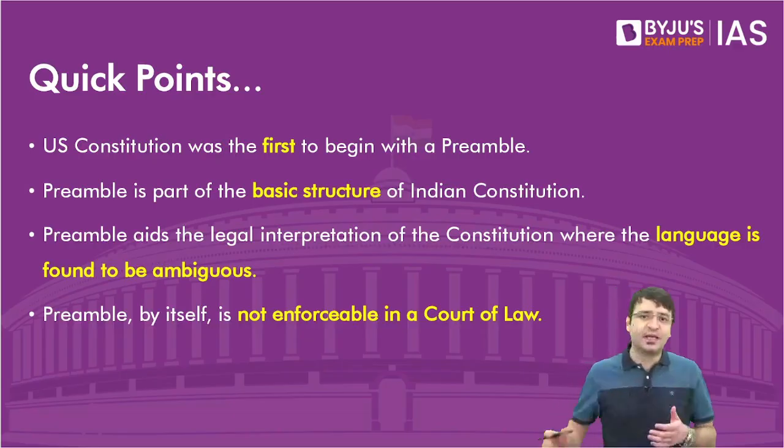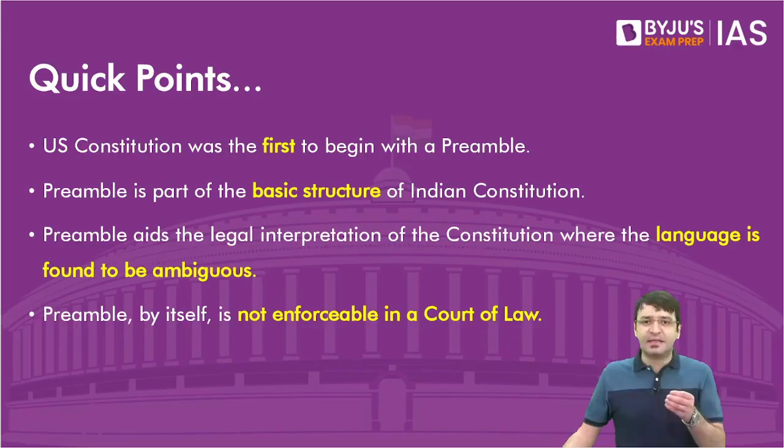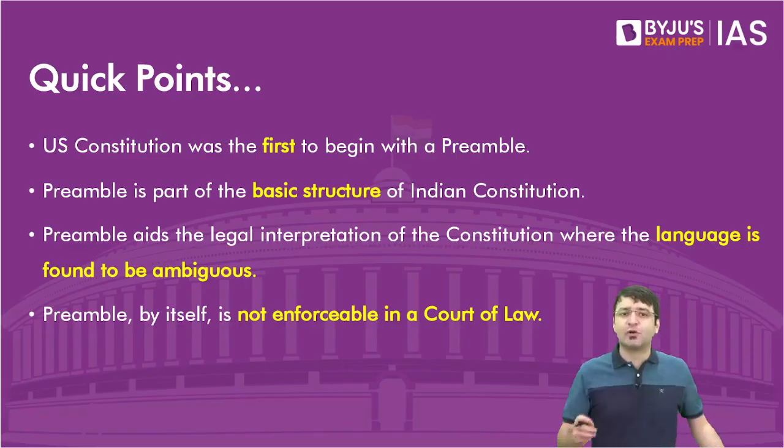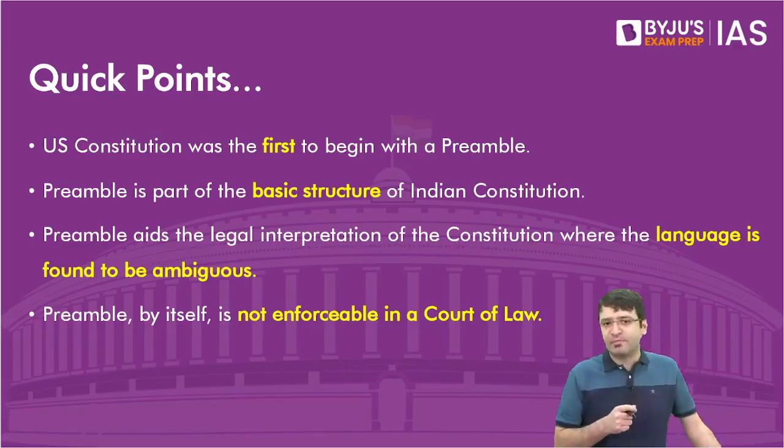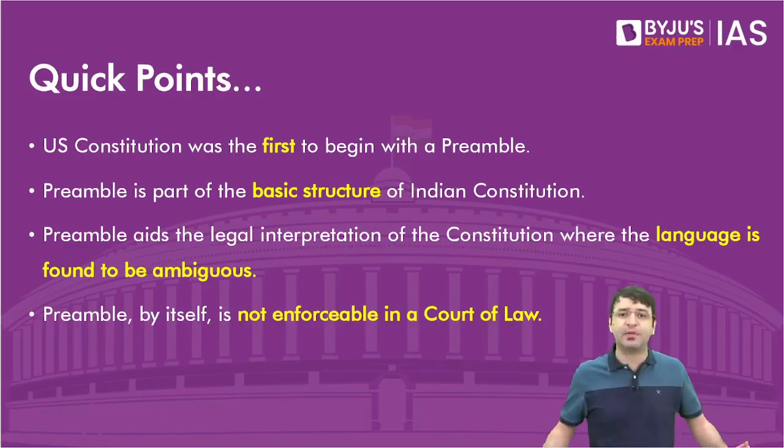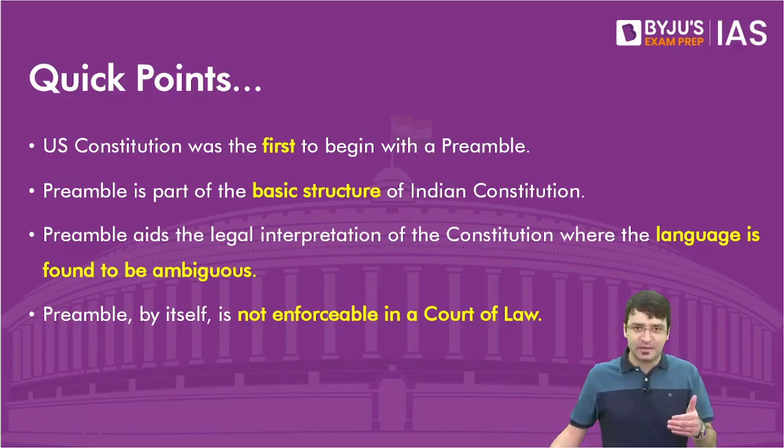And the fourth thing that preamble tells us is the date of adoption, the date on which the Constitution of India was adopted, which is different from the date on which the Constitution was enacted. The date of adoption, 26th November 1949, is celebrated as the Constitution Day, and 26th January 1950, when the Constitution was enacted, when the Constitution entered into force, that date is celebrated every year as the Republic Day.